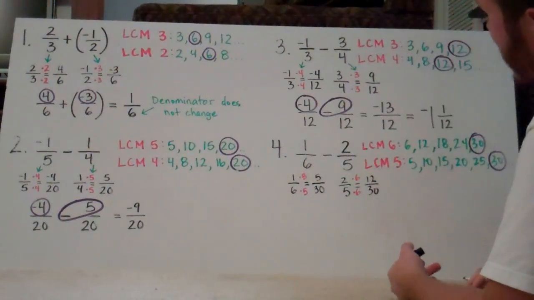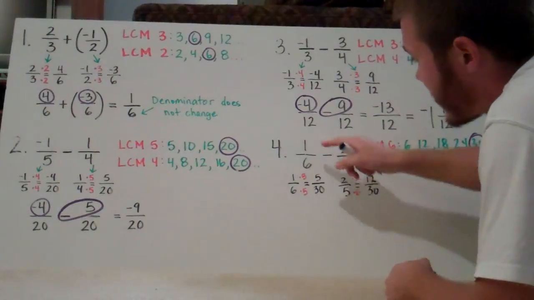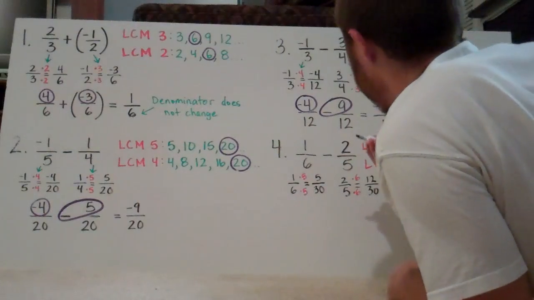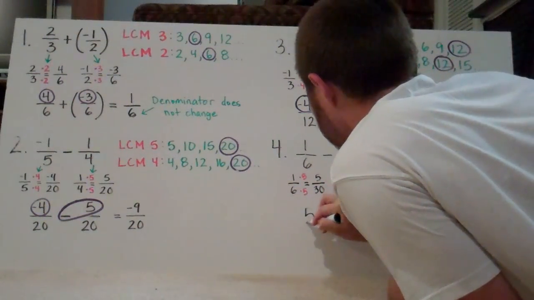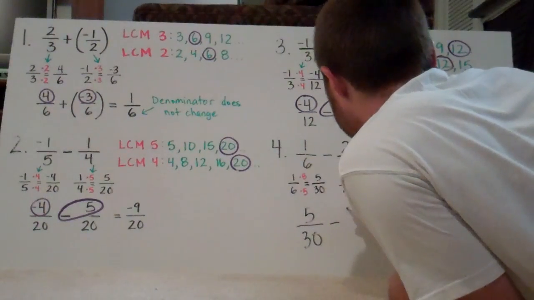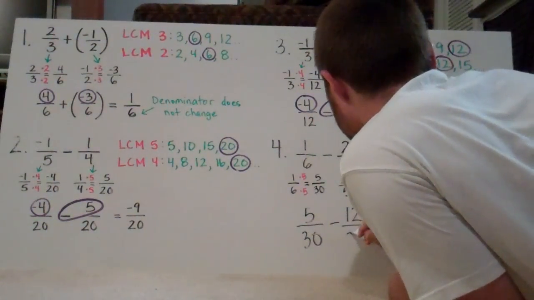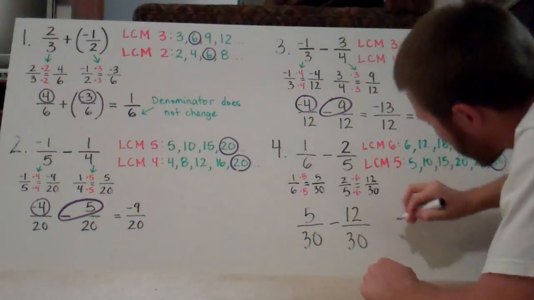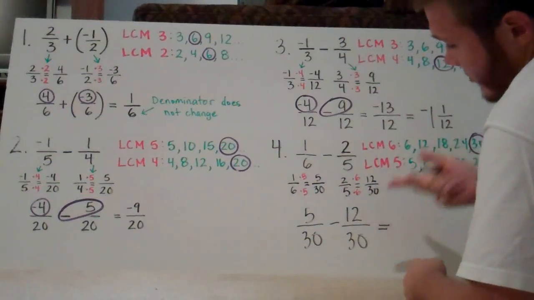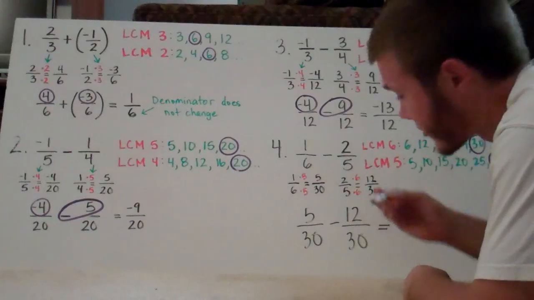Now, my problem was converted from 1/6 minus 2/5 to 5/30. Let's rewrite that. Minus 12/30. My equal sign in there. So now let's circle those numerators, those top numbers.